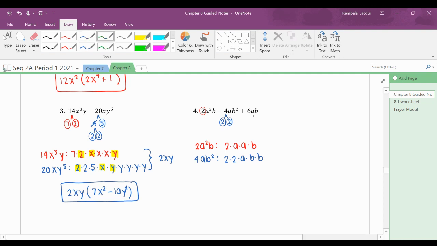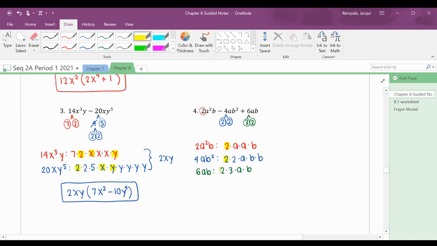Looking at the last term, 6ab. 6 can be broken down into 3 times 2. Those are prime numbers, so they get circled. My factor tree is done. So 6ab means it's 2 times 3. There's 1 a and there's 1 b. When I'm looking for that GCF, it has to be in all 3 of those rows.